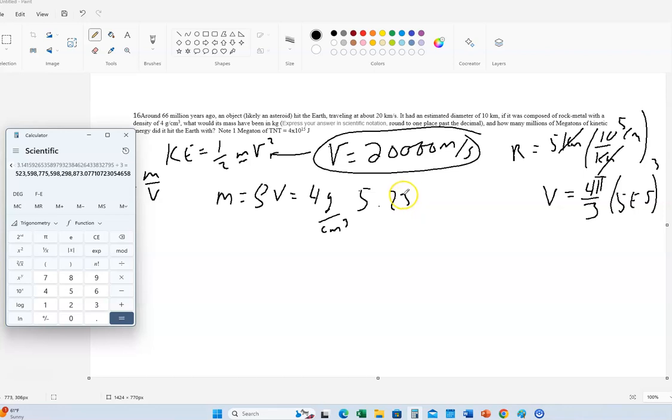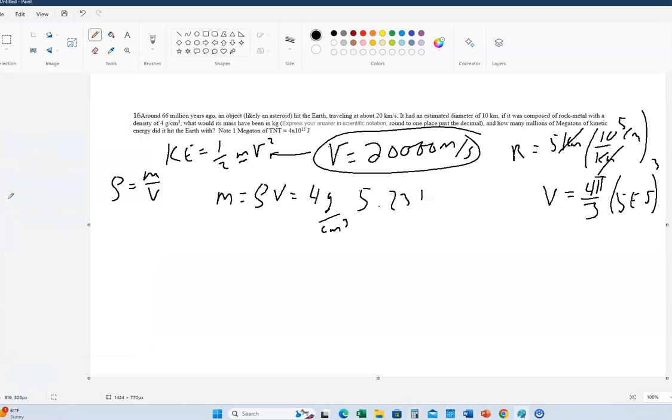If you round it up, I'm going to use the unrounded version. Times 10 to the, what was it again? 6, 12, 15, 16, 17. So times 10 to the 17th, E17, and that's, of course, centimeters cubed.